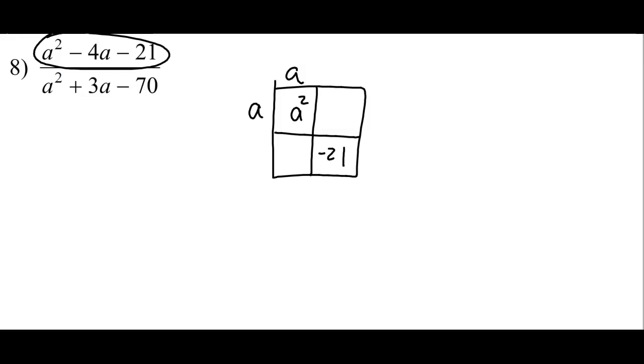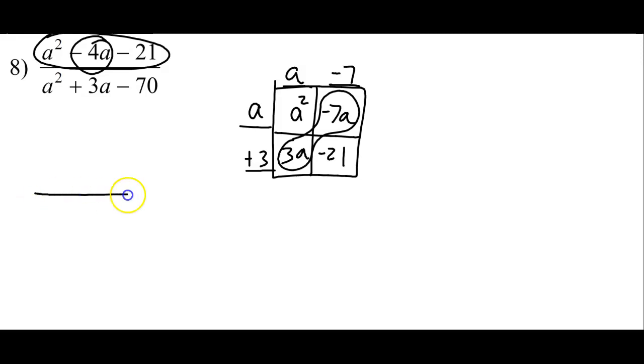One possibility would be -7 and 3. And then we fill in our box by multiplication. So a times -7 is -7a. 3 times a is 3a. We know we're right if these 2 numbers add up to make this, which they do. Okay, so the top is factored into a minus 7 and a plus 3.